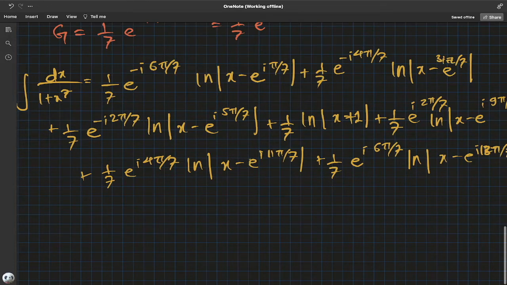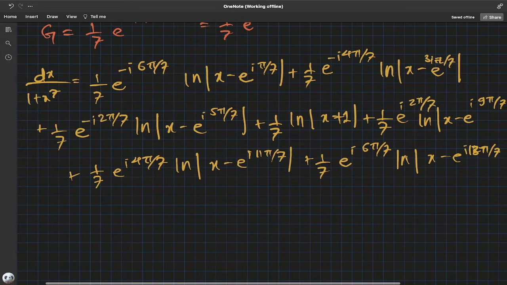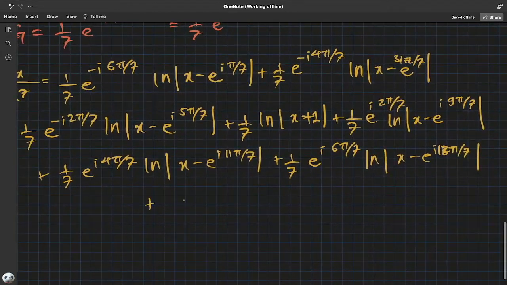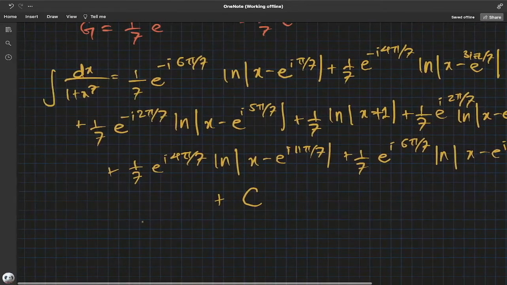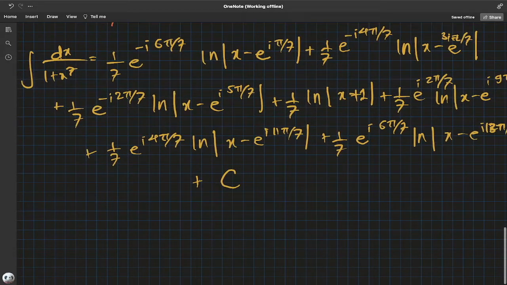If you were to massage it, it's going to be horrible. You can even try some other graphing calculators or software to expand or simplify this and get rid of these imaginary factors. But this answer is pretty valid.